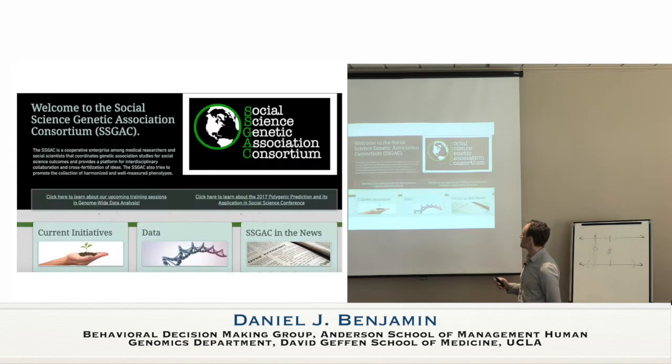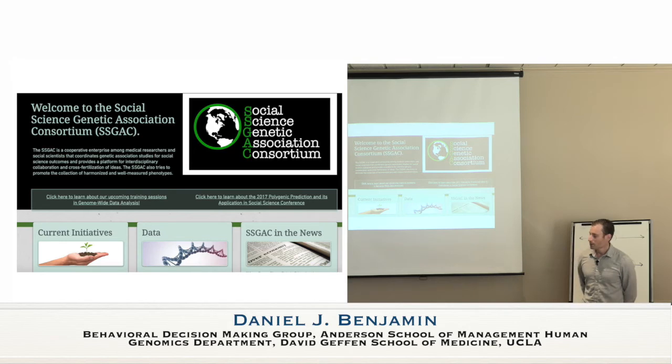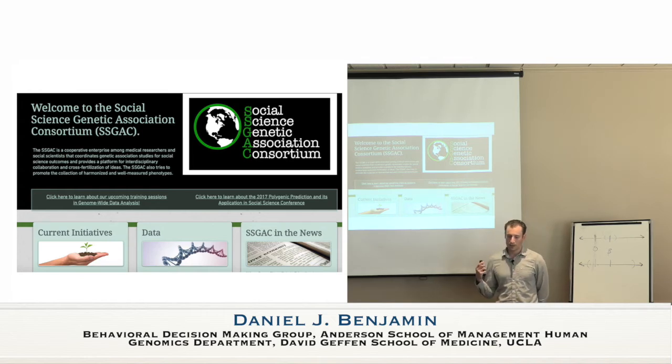Okay, so as I mentioned, a number of us who are instructors are affiliated with the Social Science Genetic Association Consortium. This is a consortium that David and I and Phil Koellinger founded in 2011.